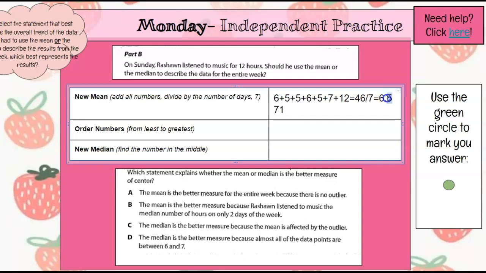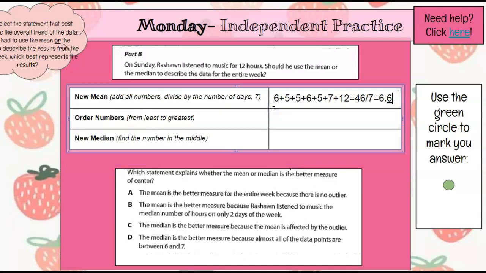So our 5 is our tenth place. So that means the 7 is greater than 5, so it's going to make this 5 go up by 1. So our new mean is 6.6. And we can delete the rest of the decimal places.